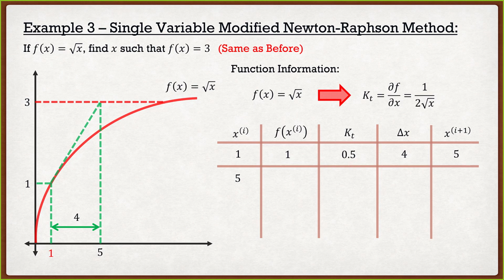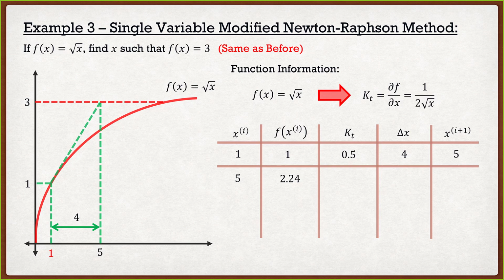Now that we have xi equal to 5, I can figure out the value of our function at 5. It's just the square root of 5, so 2.24. And now my question for you guys is, what is going to be KT? Now that we have xi equal to 5, what is going to be the value of KT?